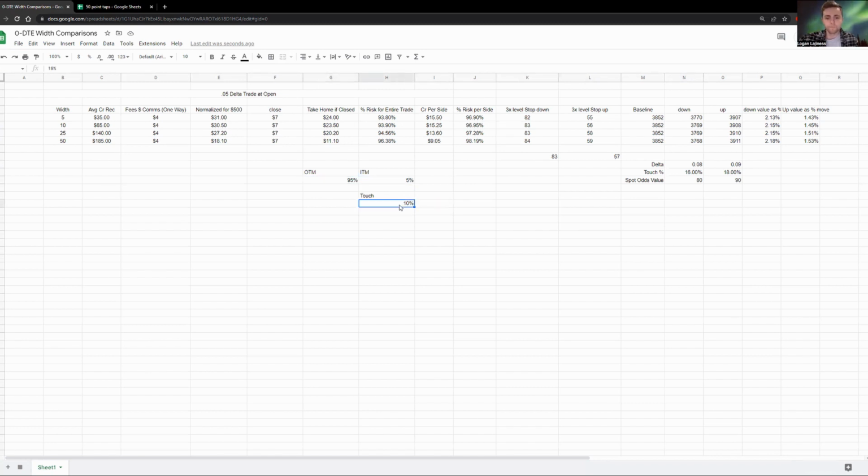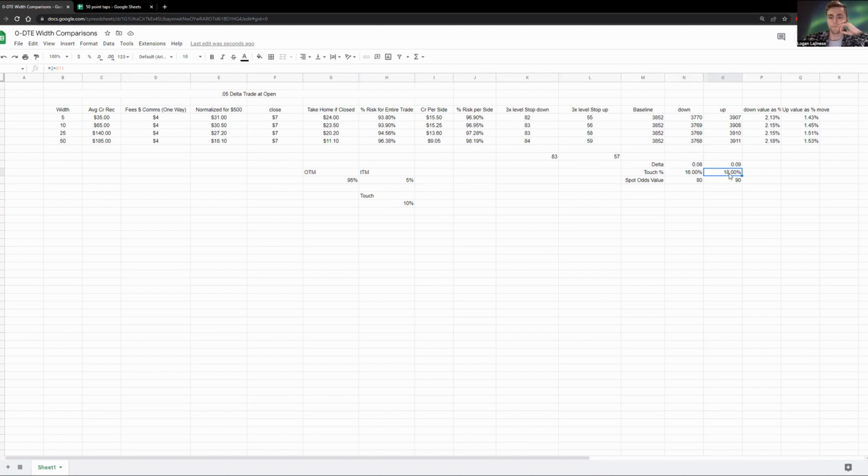Because you have a 10% chance here, but this downside stop is 16. So you immediately have a 6% less chance because you're going to stop out. And that's to the bottom side. To the top side, the delta is a little bit higher, right? It's a 9%, a 9 delta, which is an 18 touch, right?